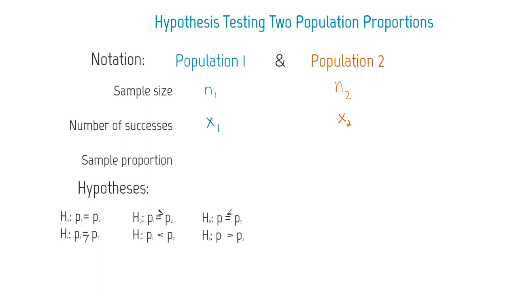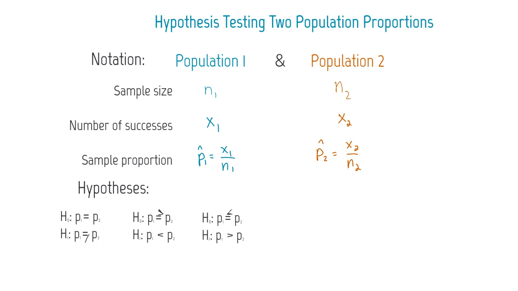And then you can calculate your sample proportion. So that's going to be P1 hat, which is X1 over N1. And the sample proportion from population 2 would be P2 hat, which is X2 over N2. Then you'll want to go ahead and state your hypotheses. Now remember, we have 3 types of tests.